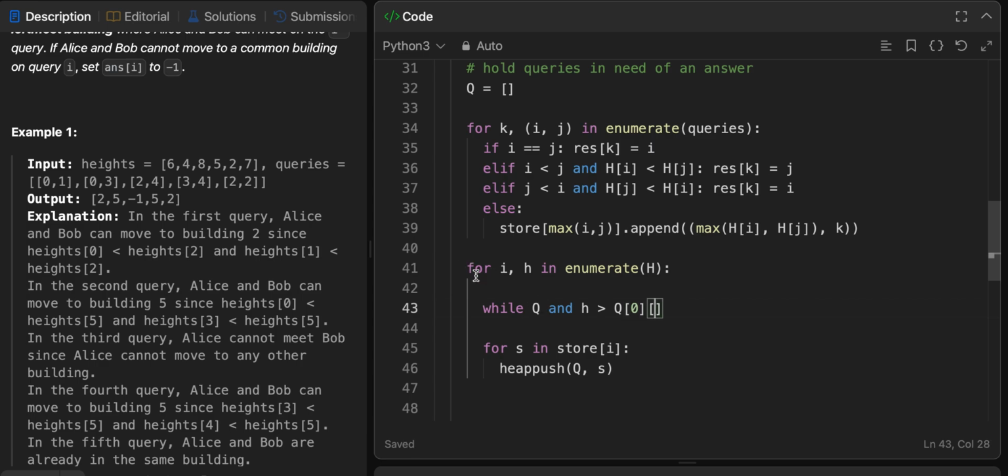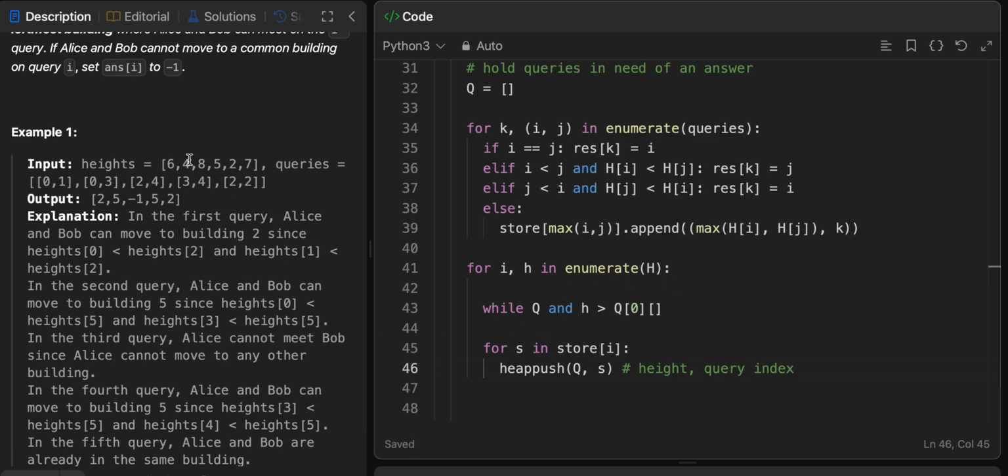And remember, our queue is storing what? This queue stores S. And what is S? S was this here. This was storing the maximum height, so the height and the query index.